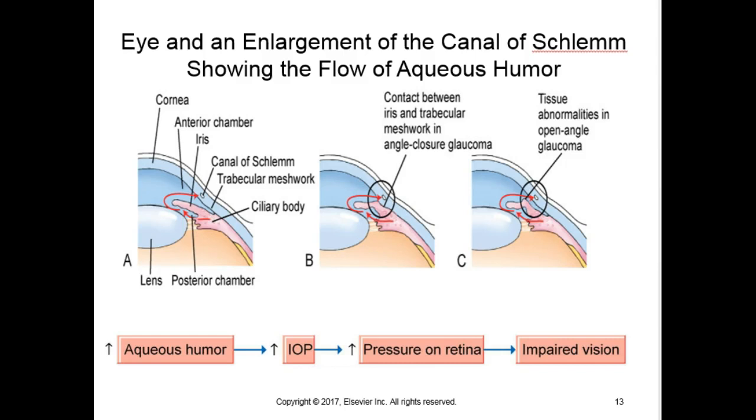This is an interesting slide because it shows the flow of aqueous humor in the eye, and then the flow chart below it. It helps to explain the increased aqueous humor increases the intraocular pressure, which puts pressure on the retina and impairs vision, just like what I said, but it just shows you a little better.